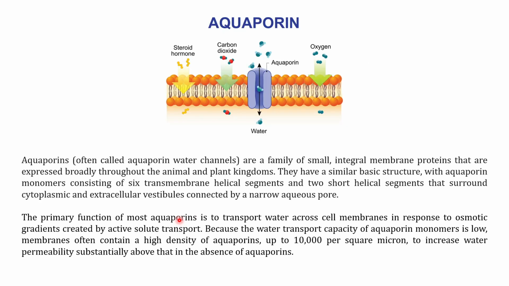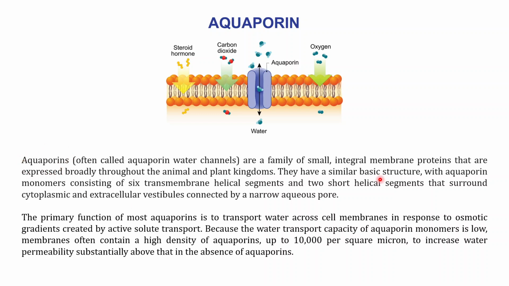So now we can talk about a few topics that were covered in this week's coursework material, right? So one of them is this very important protein called the aquaporin. Aquaporin is a type of water channel, and it's a very important type of channel protein.